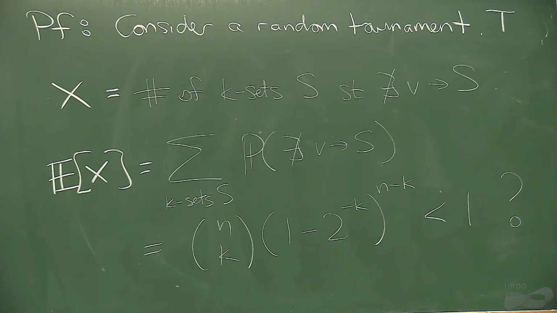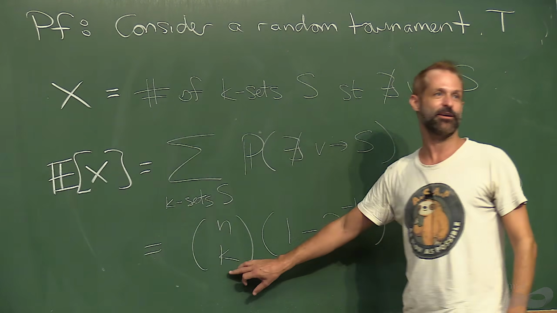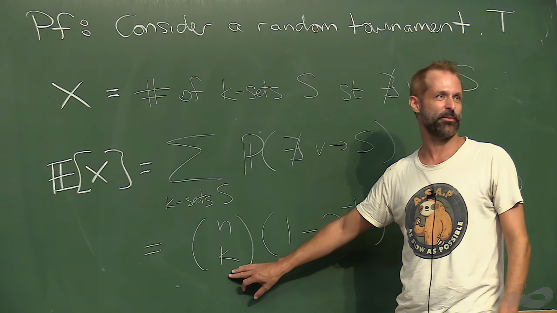K is given to us in the question. K is a constant. But what is n? We choose it. We can take it as big as we like. And what happens to this function as n gets big? Well, what is n choose k? It's at most n to the k. It's a polynomial.